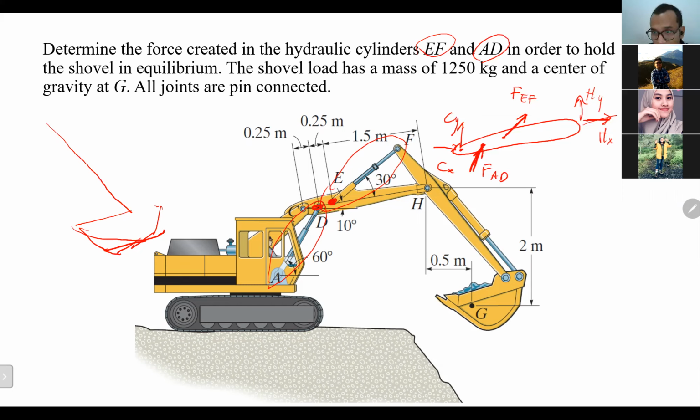For FHG, I will not care about the two-force members inside; I will consider them as part of the system.